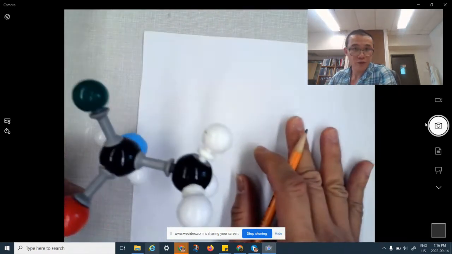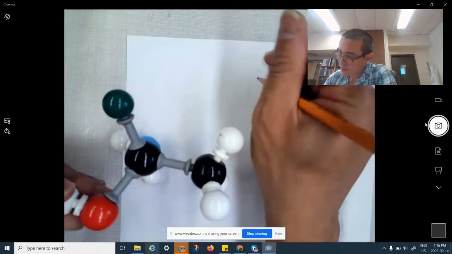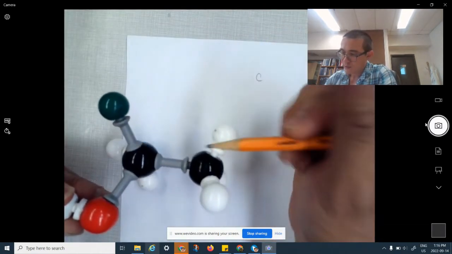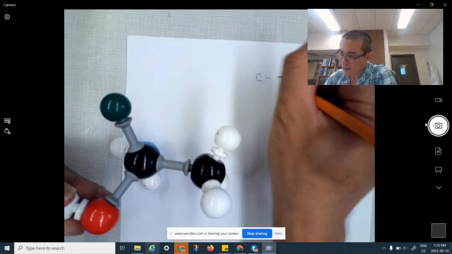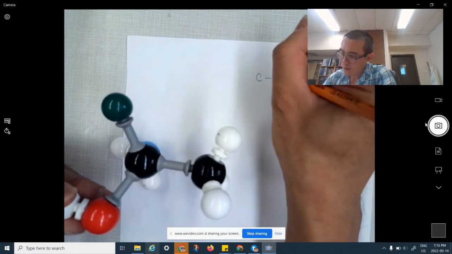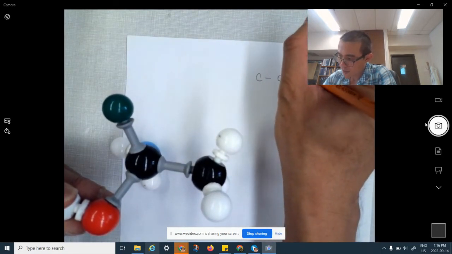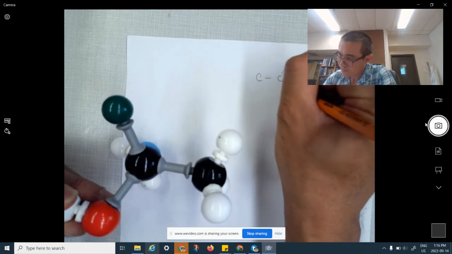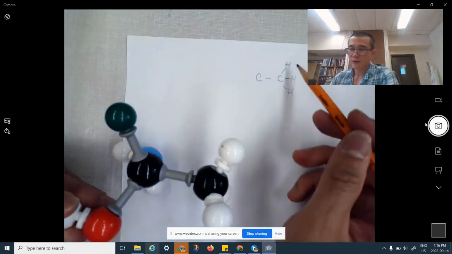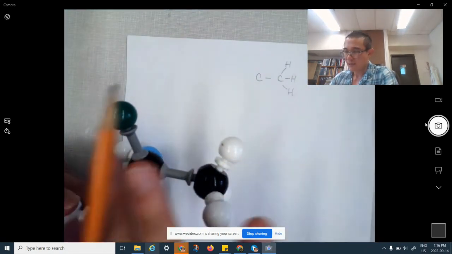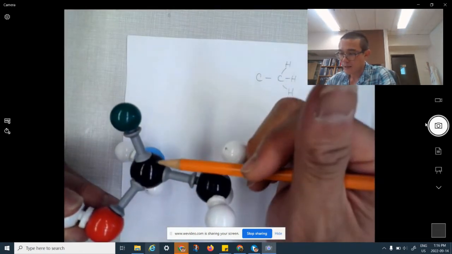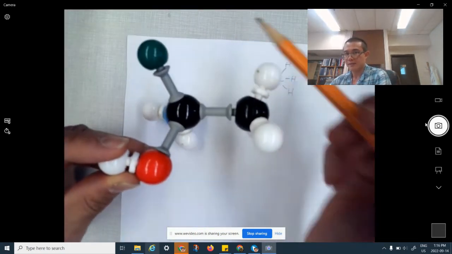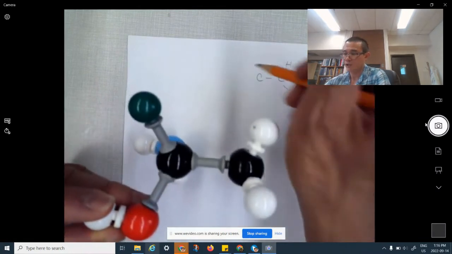I'll draw it in structural form first. Central carbon connected to this other carbon with 3 hydrogen. So they're pretty much in the same plane. Now, this chlorine is kind of sticking out of the page.